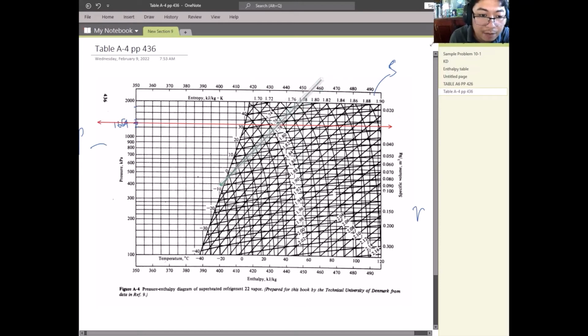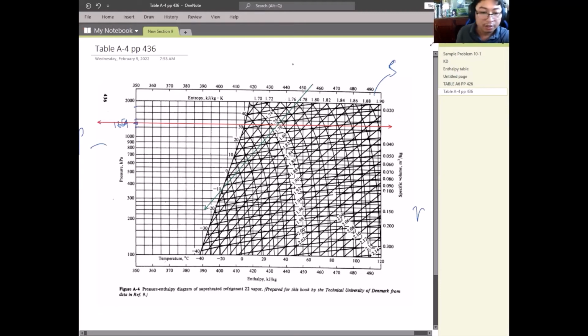I have a problem with my pointer, it cannot be straightened, sorry for that. Okay, this is our line.